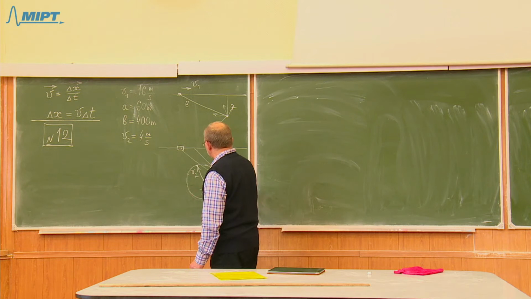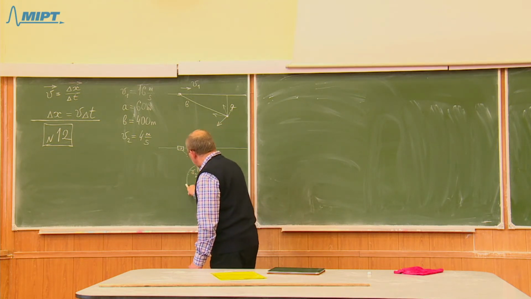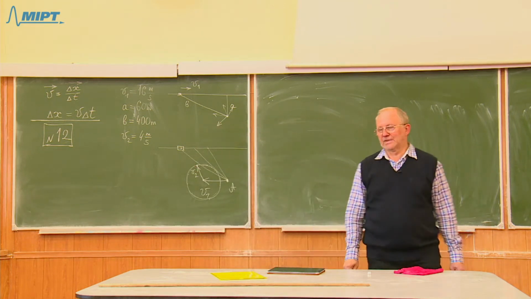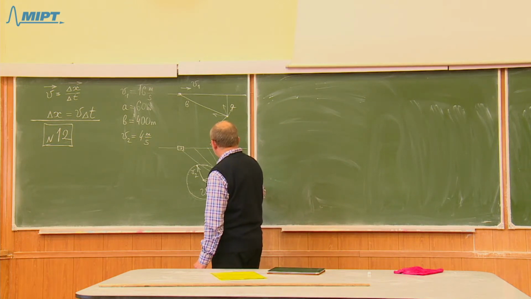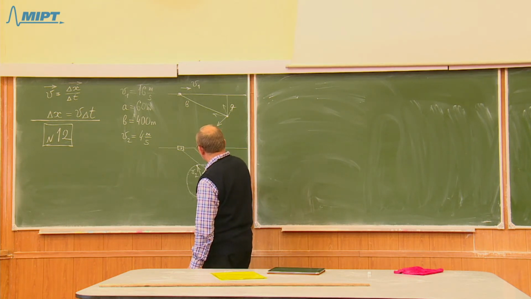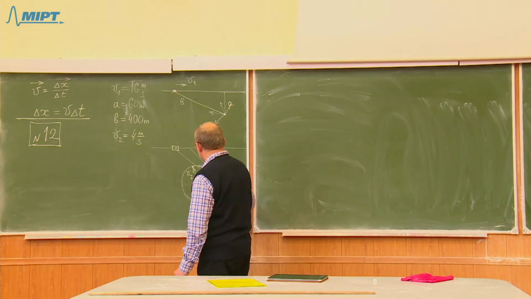In whatever direction the man runs, the end of vector v2 will belong to this circle. So any possible displacement of the man will consist of displacement to the center of this circle and then displacement to some point on the circumference.